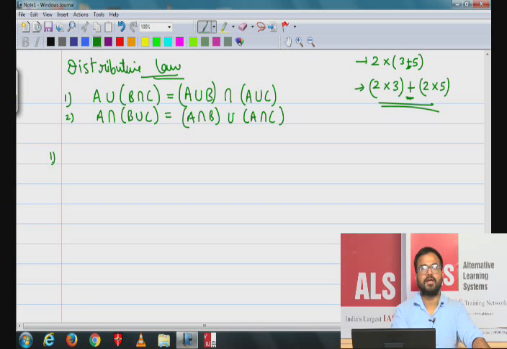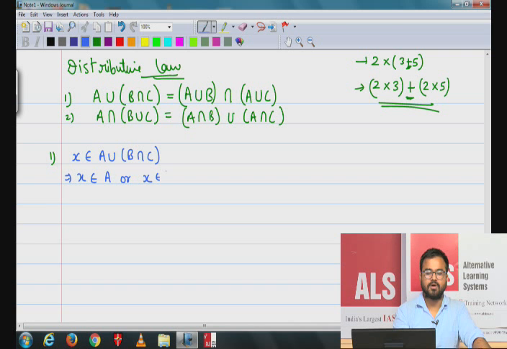So first one we are proving. First we will say that let x be an arbitrary element and x belongs to A union (B intersection C). This implies that x belongs to A or x belongs to (B intersection C).